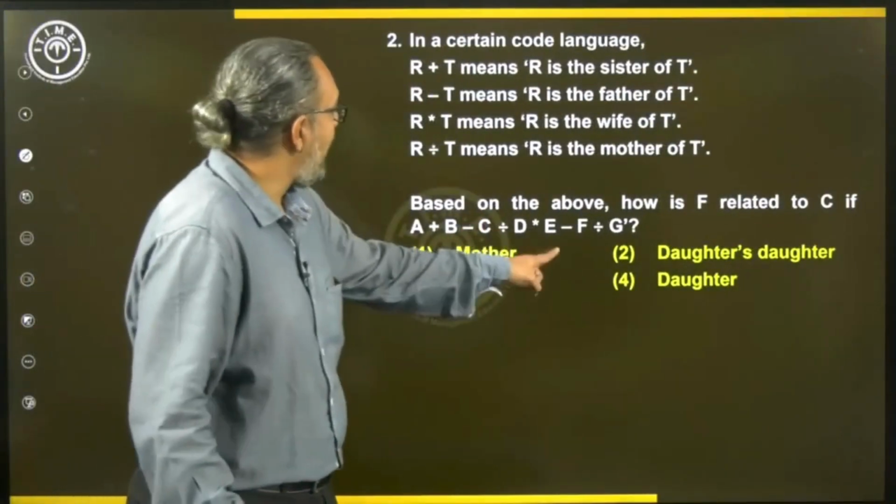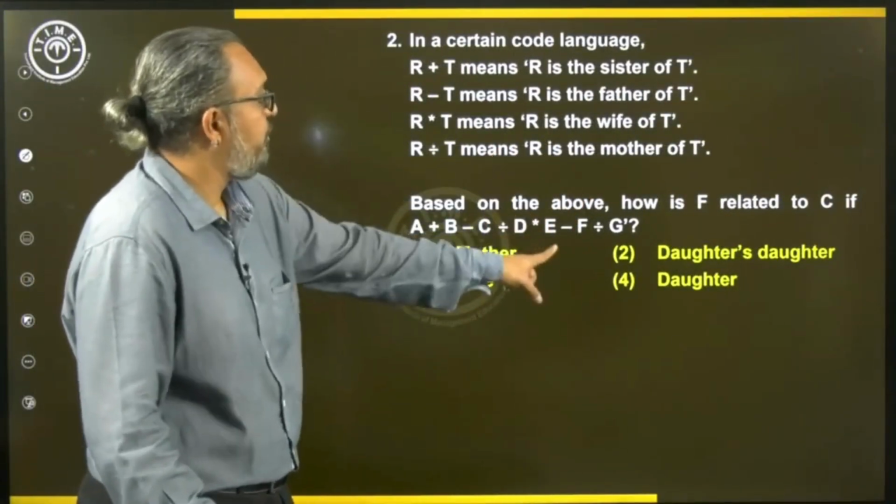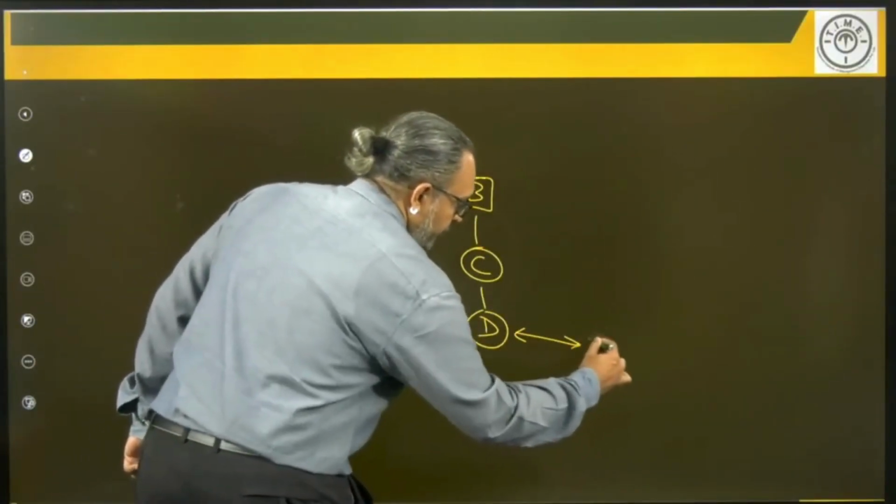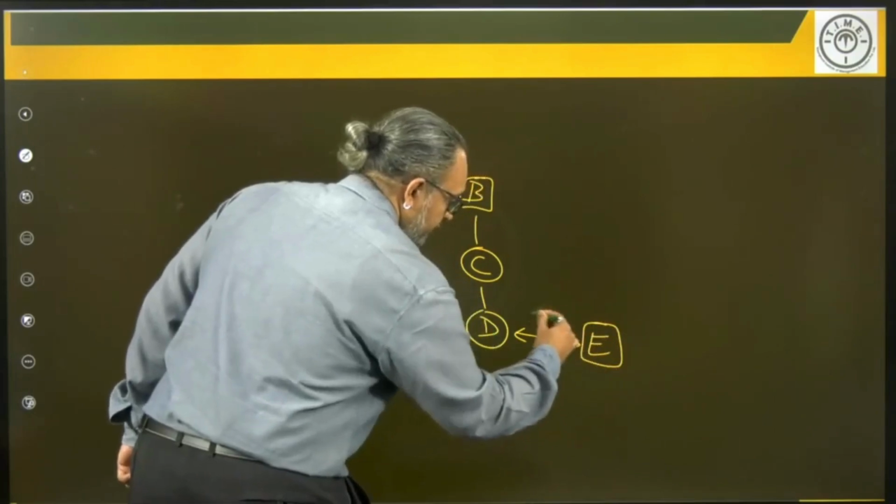Then D asterisk E, asterisk is wife, so D is the wife of E. So E is a male, they are a couple.